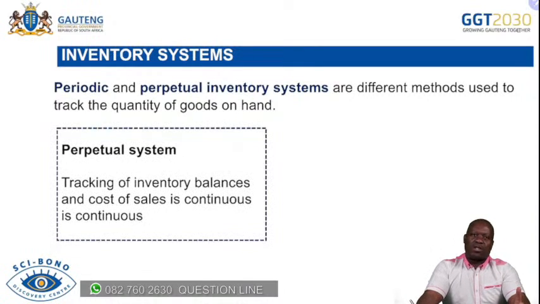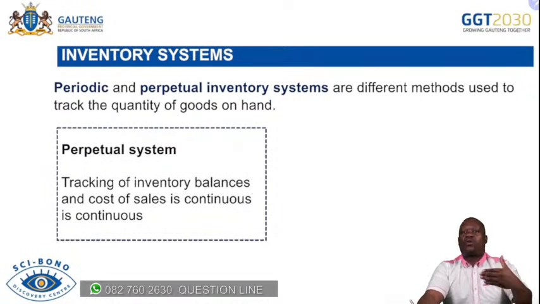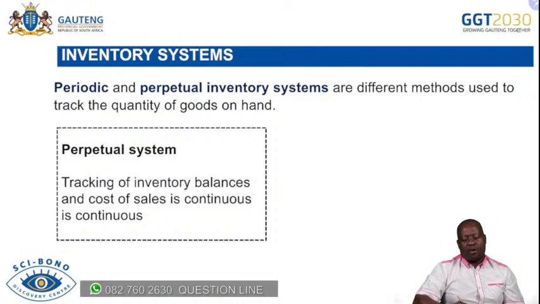And please take note, when it comes to the perpetual, from the word perpetual, it is continuous. Perpetual, continuous. So tracking of inventory balances and cost of sales is continuous. Now, this is the one that they are using mostly in modern supermarkets, where when you get to the till, they just scan the barcode and then they are able to tell you how much you're supposed to pay.